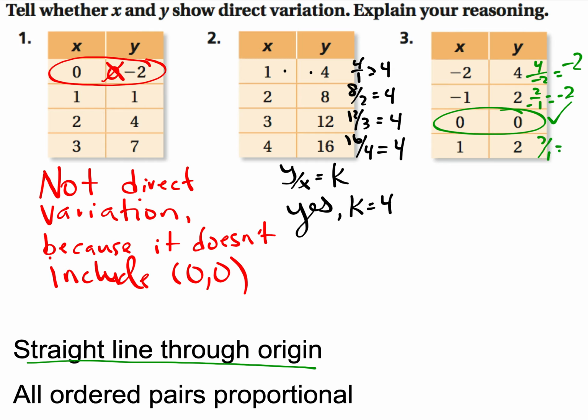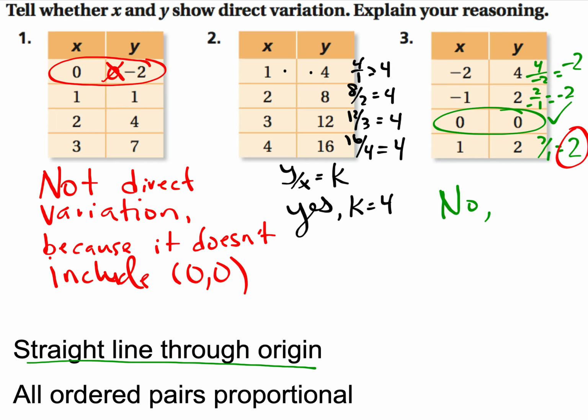And 2 over 1 is +2. All right, that's a bit of a problem here. It is a different number. It's supposed to be -2, but it ends up being +2. Because this ends up changing its ratio, it is not proportional.